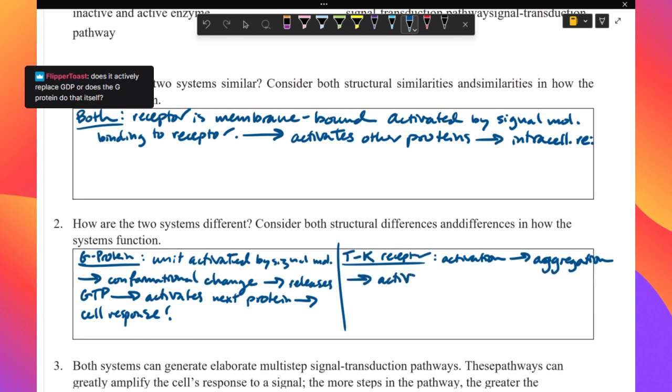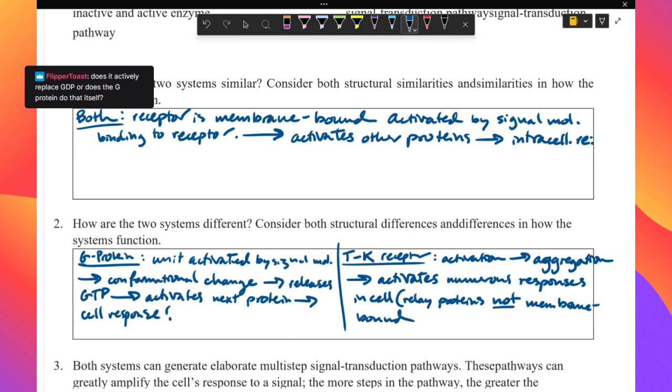And then this activates a number of different responses within the cell. These activated relay proteins are not membrane bound, it should be noted. Relay proteins not membrane bound.